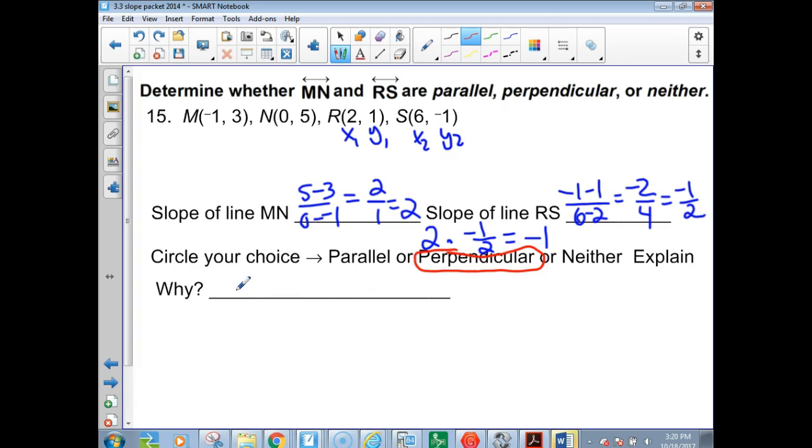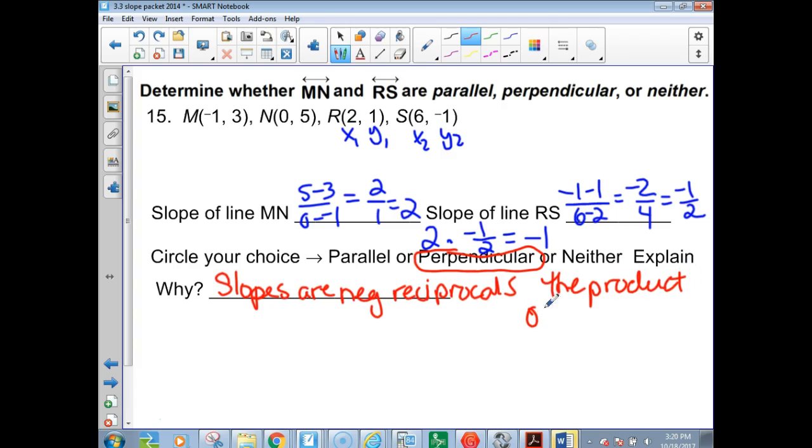So these would be perpendicular because slopes are negative reciprocals. Or you could write for me, the product is -1. The product of slopes equals -1. I don't care which one.